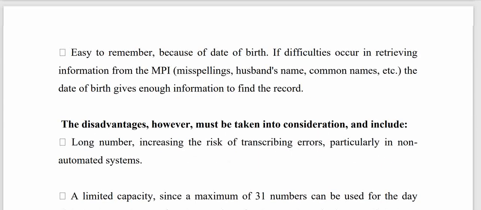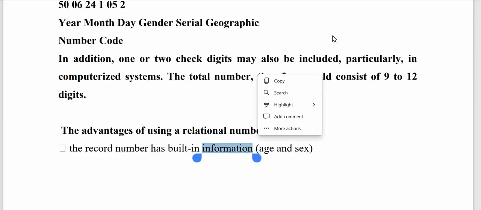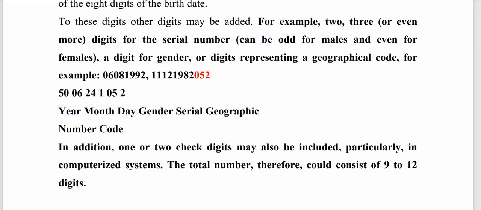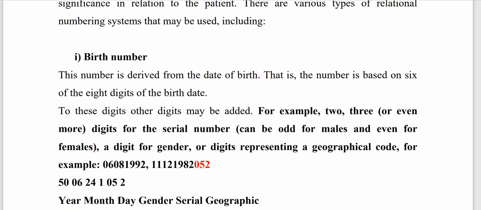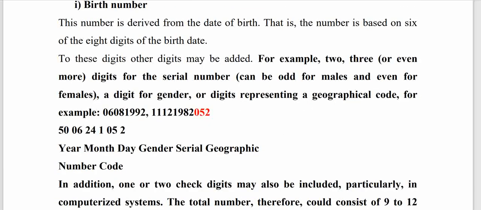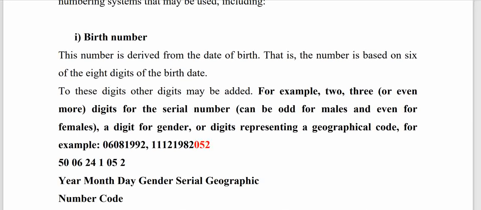Hold on. Basically, I put it into one: just one birth number, and that birth number is what I'm referring to, the date of birth. Okay, so let's look at how this number is assigned.